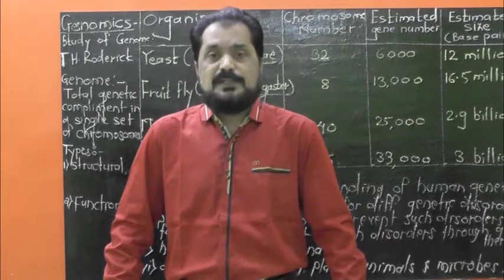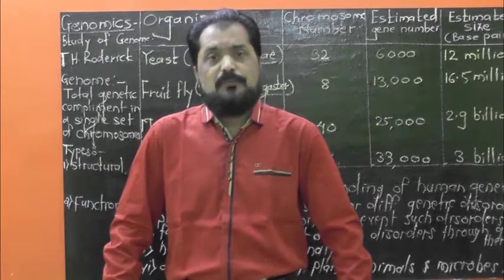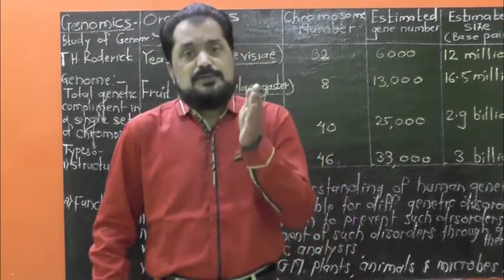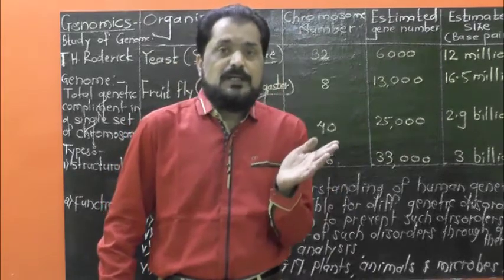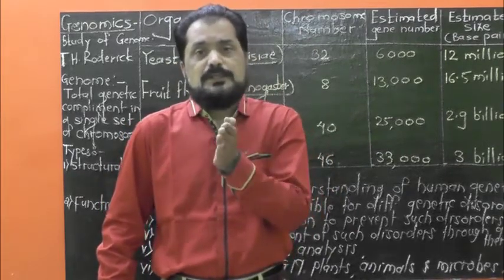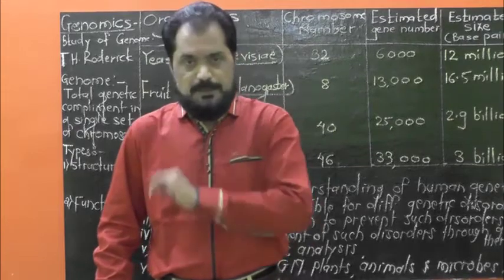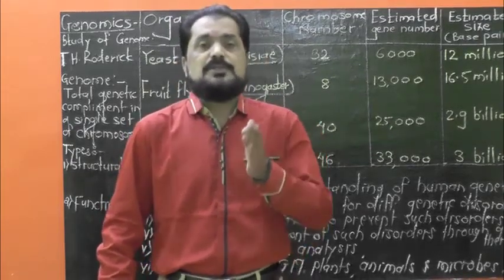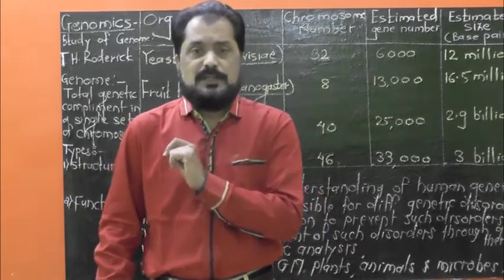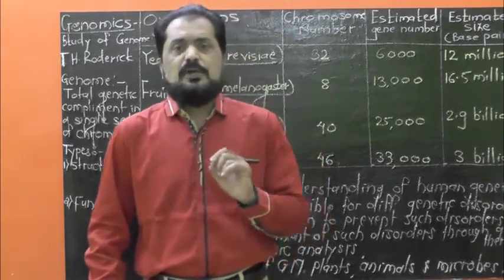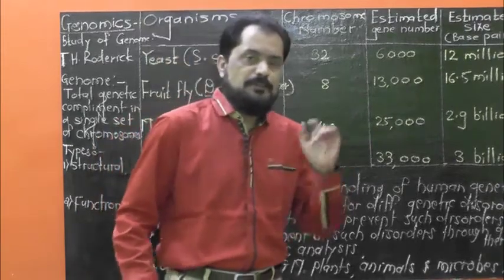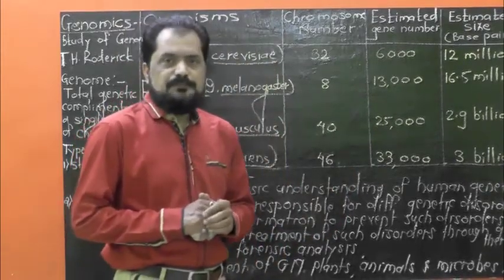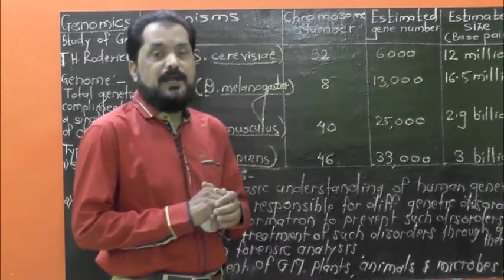They also performed the study of the genome of mouse, just to compare the genomes of these different living organisms with the genome of human being. Through that comparative study, so many different amazing facts came into light.